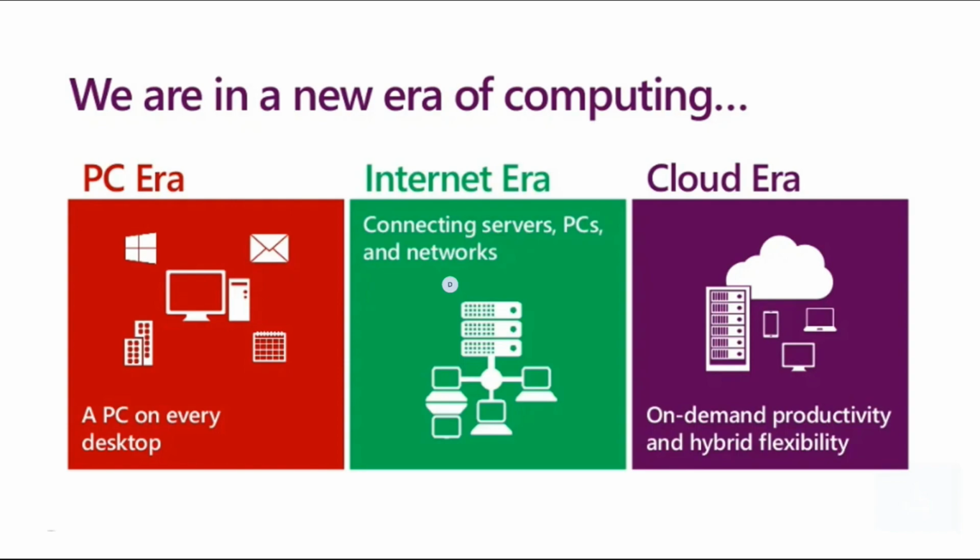We have all these rules to protect our resources inside. And then we come to the new era, which is the cloud era. In the cloud era, we have a slightly different approach to things. For example, security: we have something called identity as security.